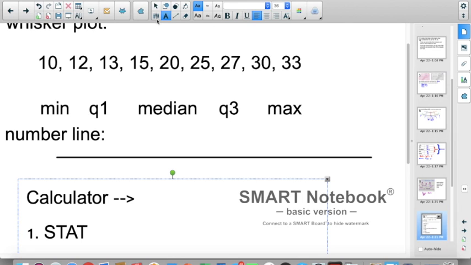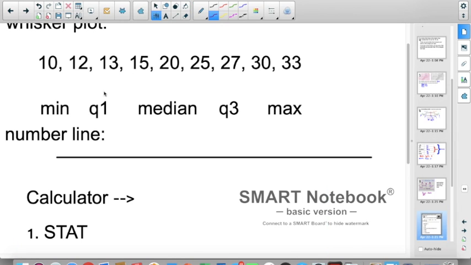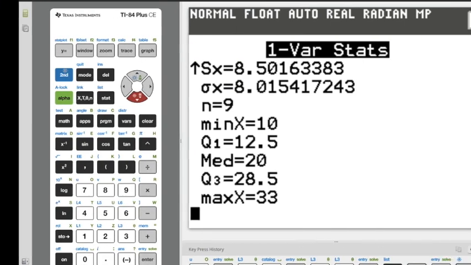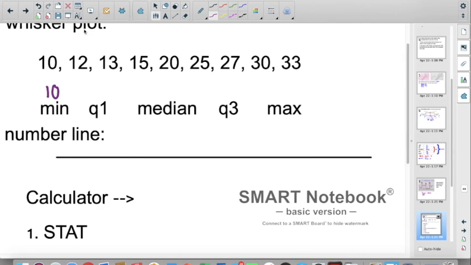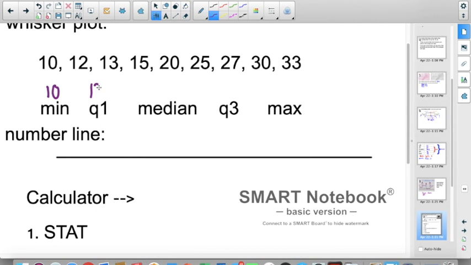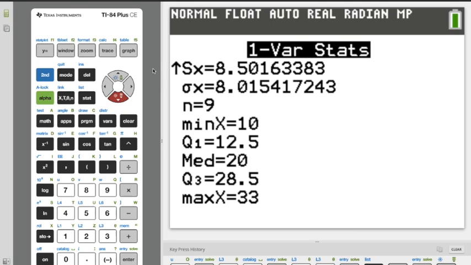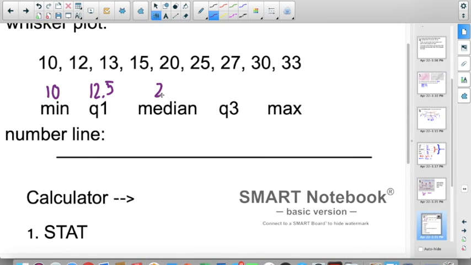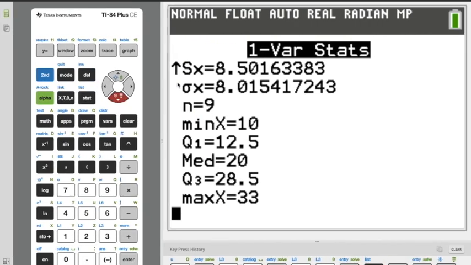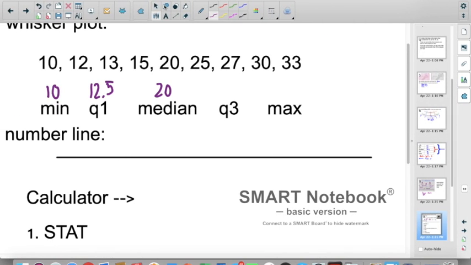Q1 is 12.5. The median is 20. Q3 is 28.5. And the max is 33. Okay?